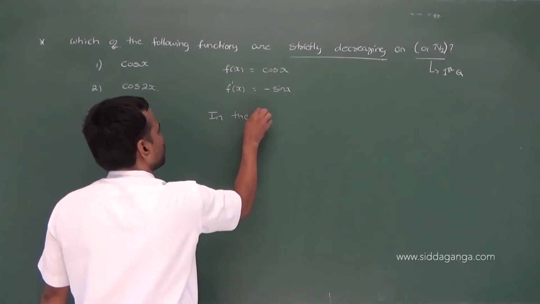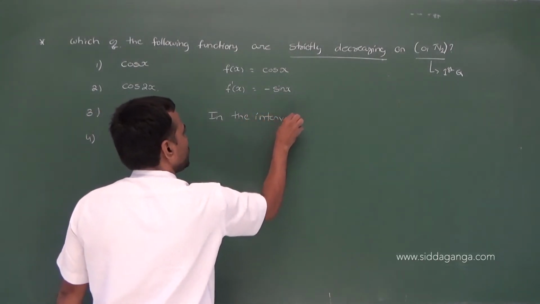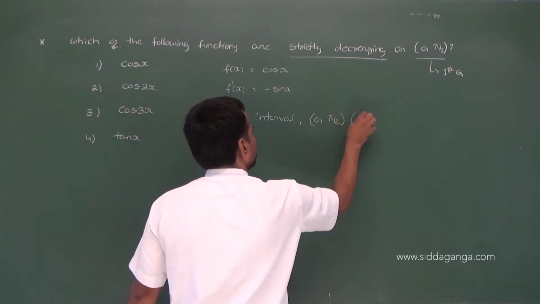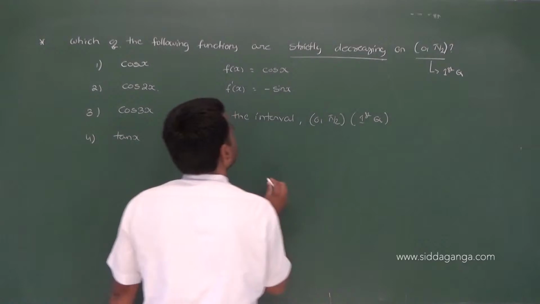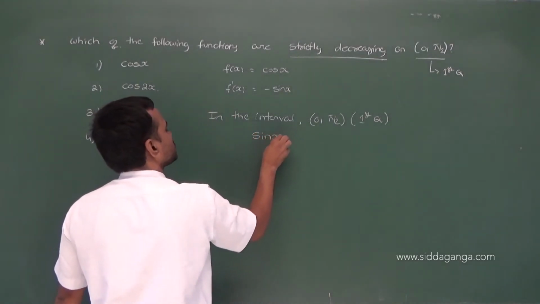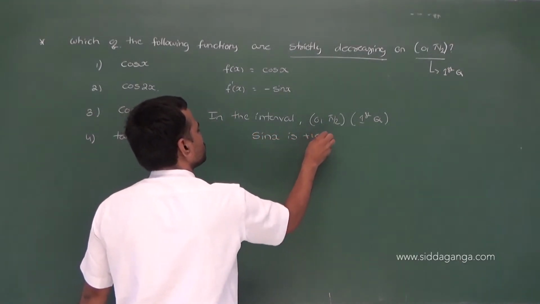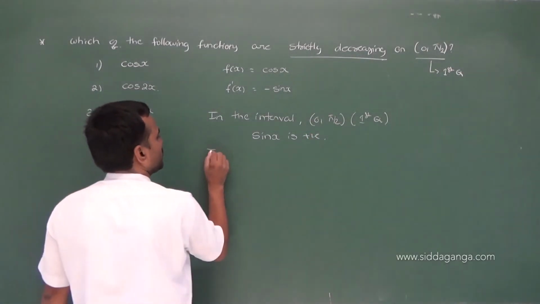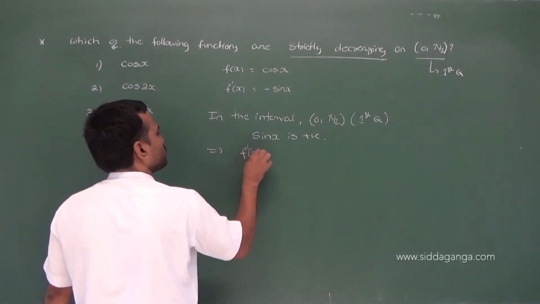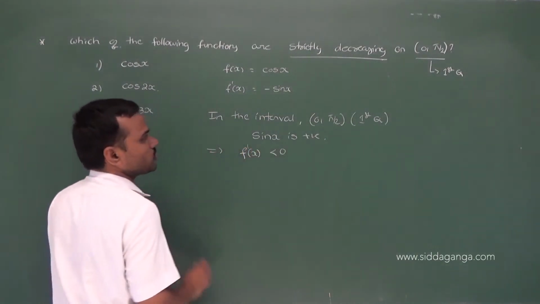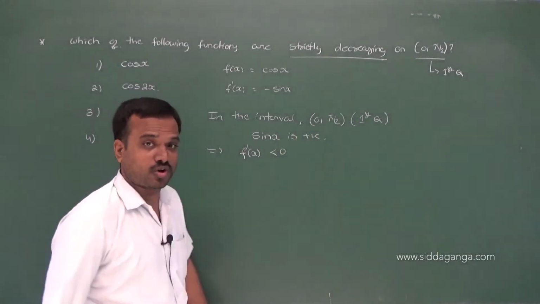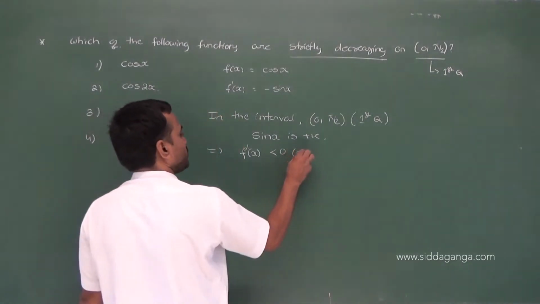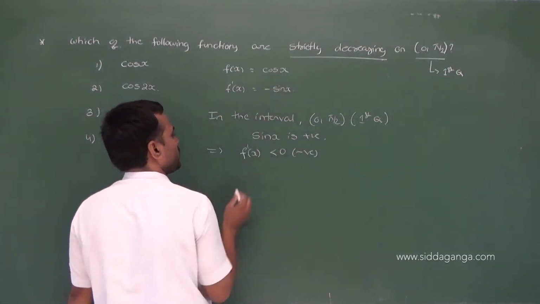In the interval 0 to pi by 2, the first quadrant, sin x is positive. That implies f dash of x is less than 0. Here it is given less than, not less than or equal to, because 0 is excluded and pi by 2 is also excluded. Less than 0 means negative, because positive turns to negative.